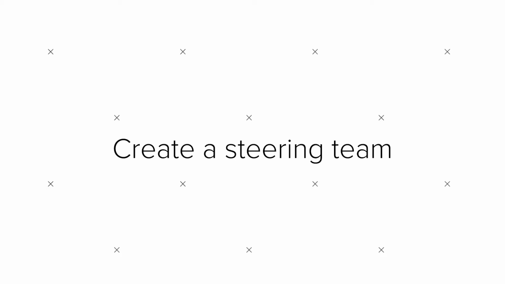Second thing is create a steering team. This is really critical for good project management, but also as part of improving user engagement. So you should have a project sponsor, and this person shouldn't be the same as your project manager. It should be a different person.